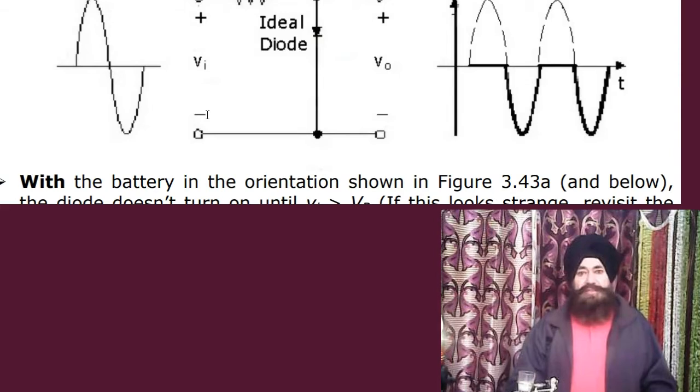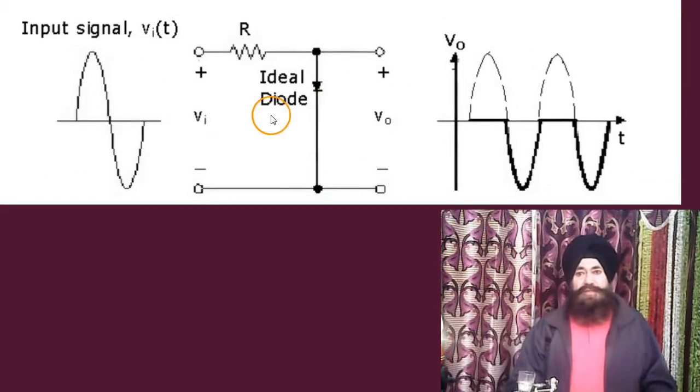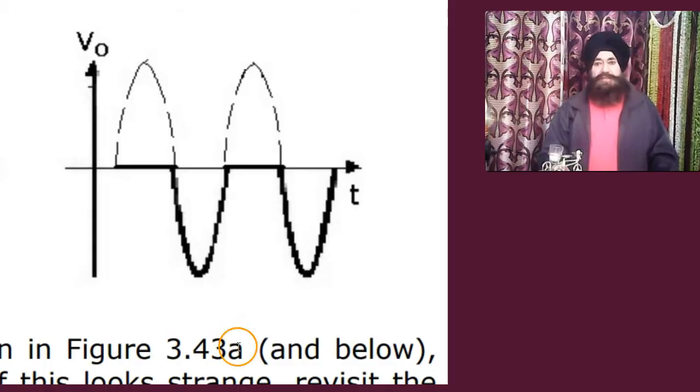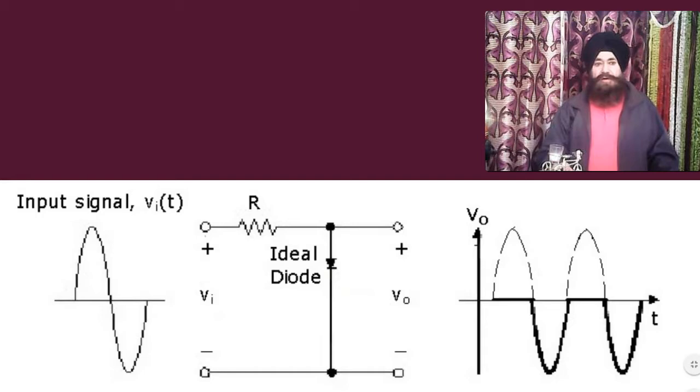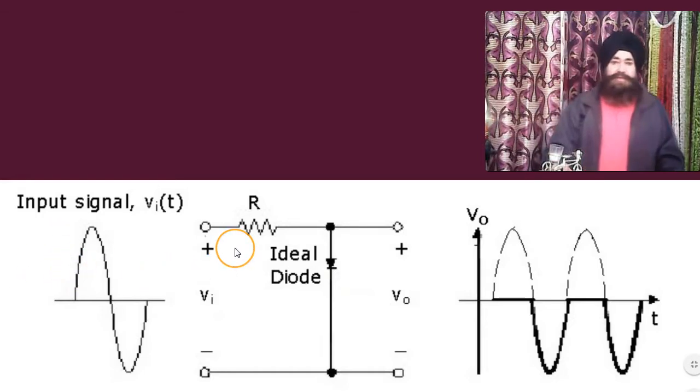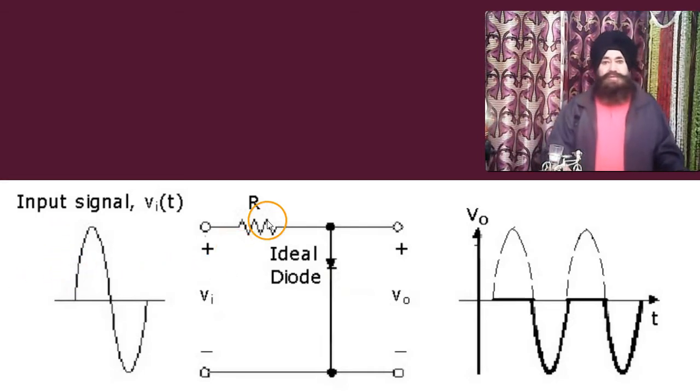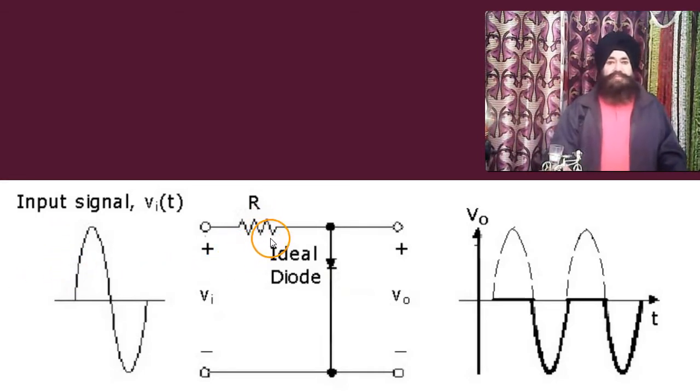So let us discuss first of all the clipping circuit, how the clipping circuit works. This is a very simple diagram for the clipping circuit: a resistor and a diode.